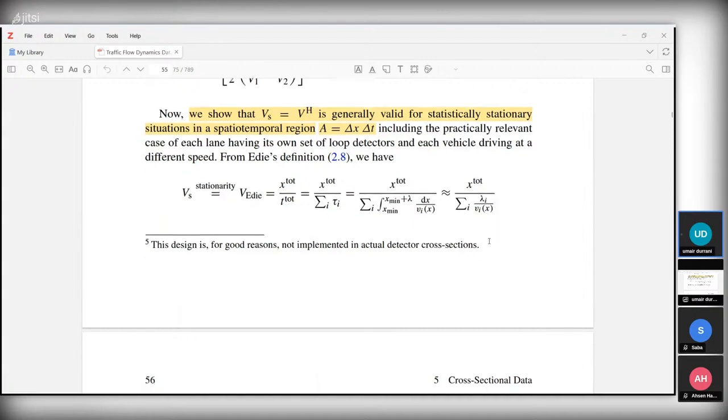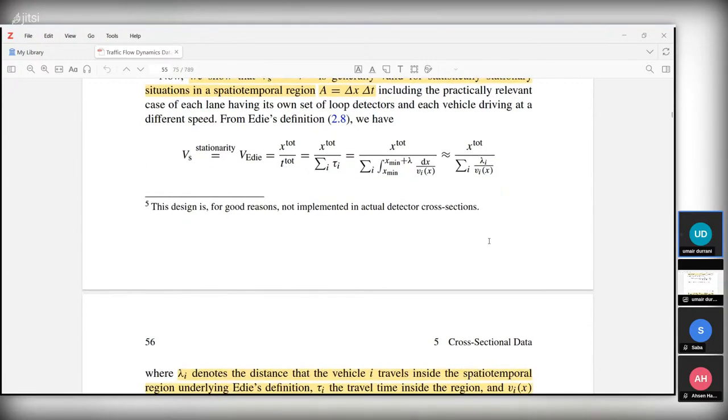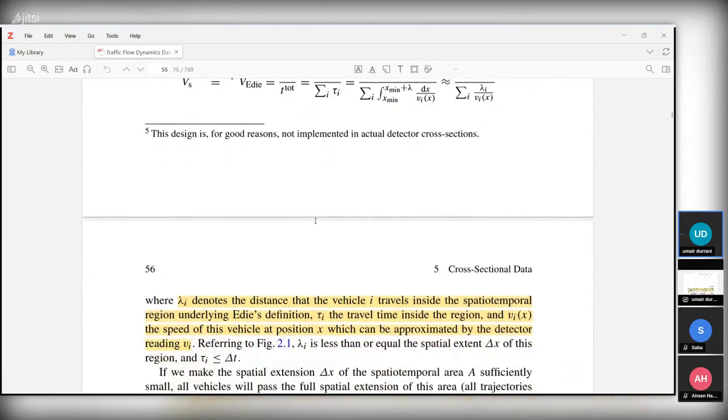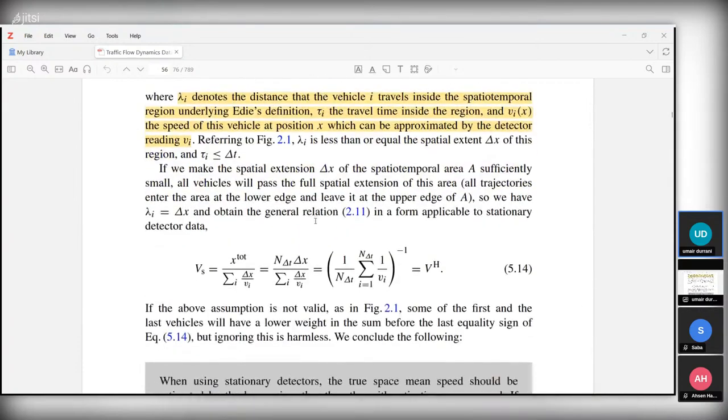So this equation is the equation for the space mean speed, which we started with to estimate for the stationarity conditions, which means that the conditions are not changing over time. The speeds, the distribution function of the speed remains the same. So based on that, we define the stationary space mean speed.